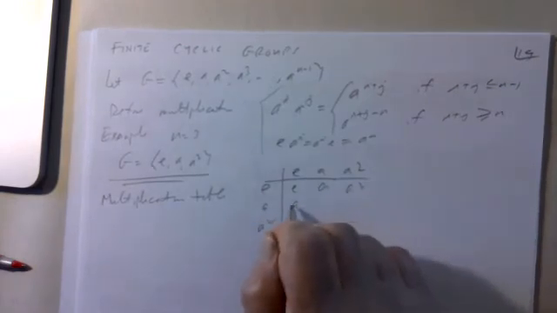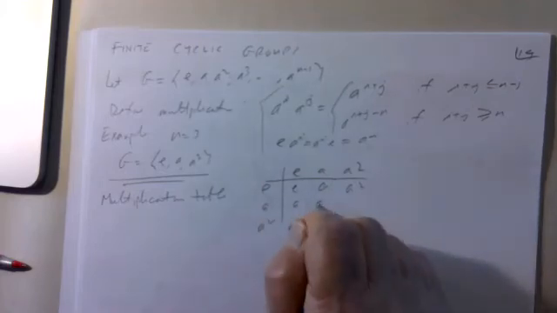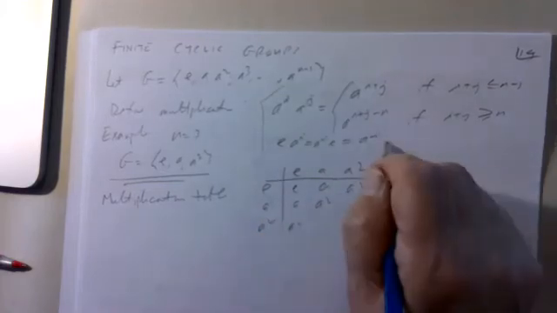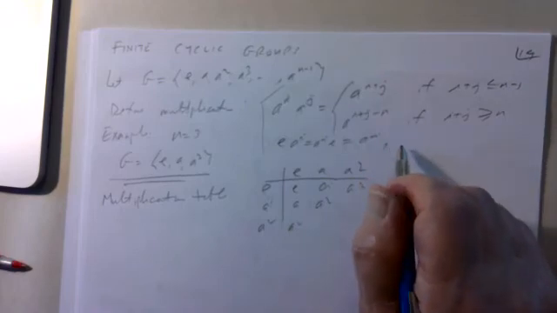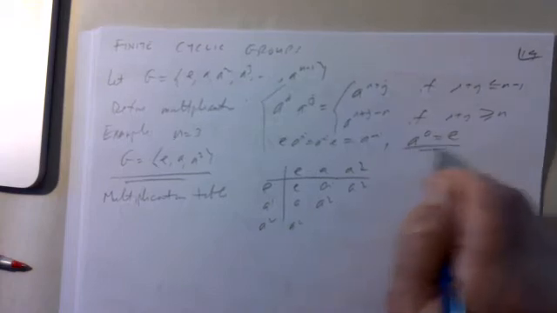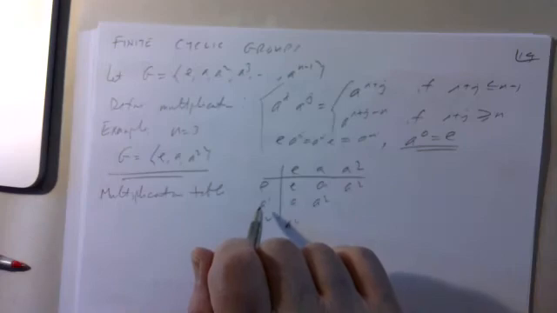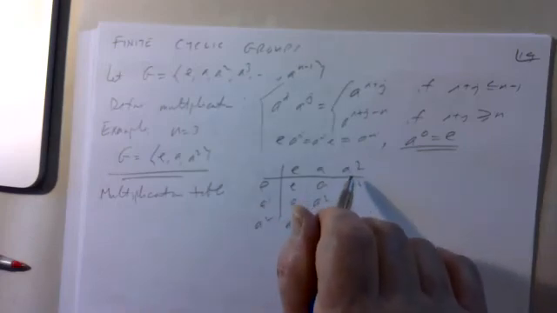A times A, this is A to the first power, 1 plus 1 is 2, is A squared. Also, A to the 0 is E. A times A squared is A cubed.